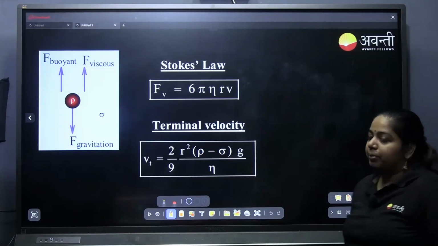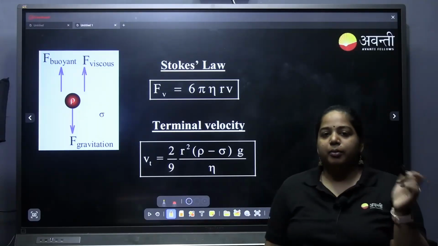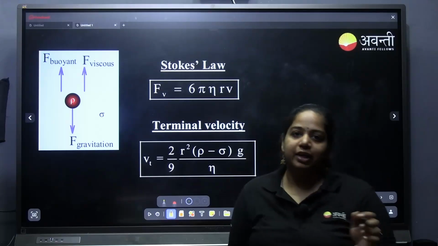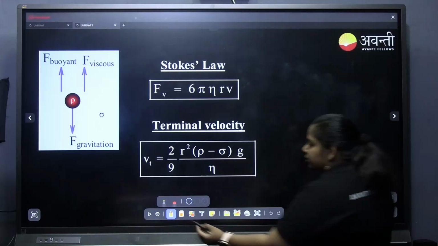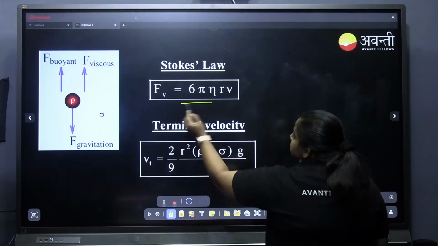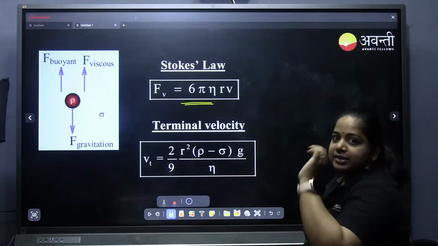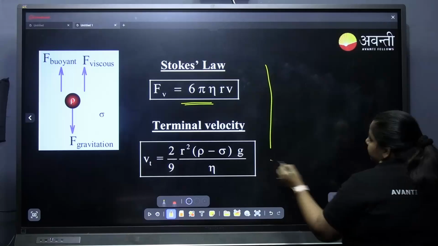So the last topic in this is terminal velocity. Another major topic from which you will get numericals is terminal velocity. How we are getting this value is, see, Stokes law, this is the resistive force, right?